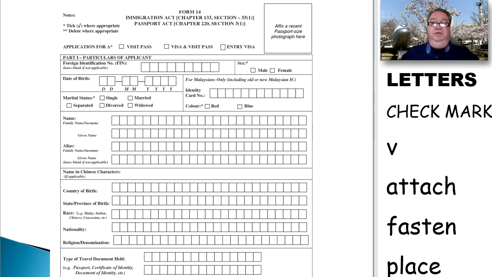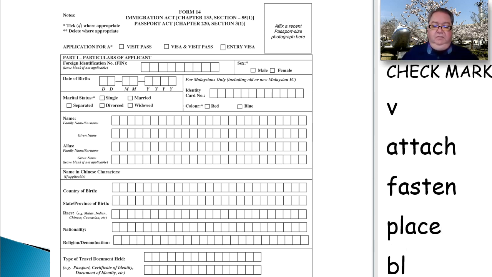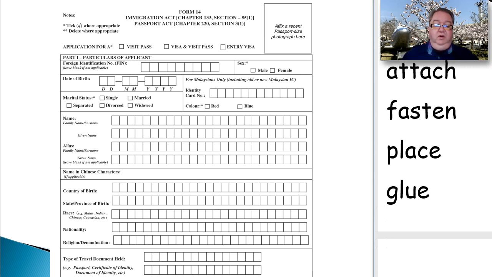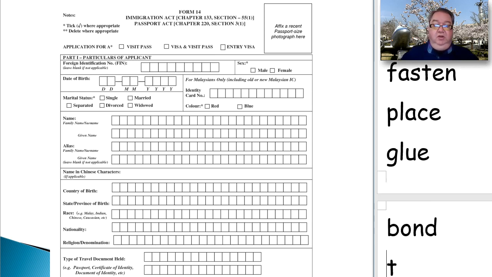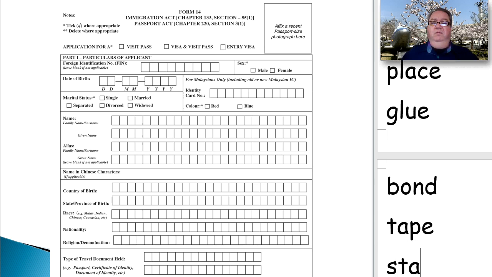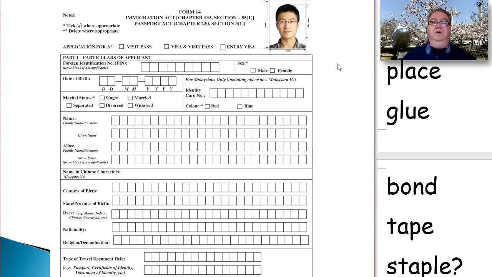So you could use glue, not blue, the color, glue, or in Korea you usually say bond. That's not the word we would use in English. We'd say glue. You could glue it. You could tape it. Would you staple it? Probably not. You wouldn't want to put a staple through a photo. Okay. So put a photo there.